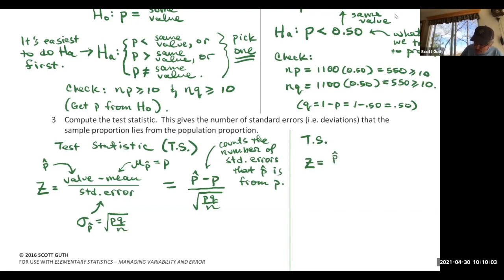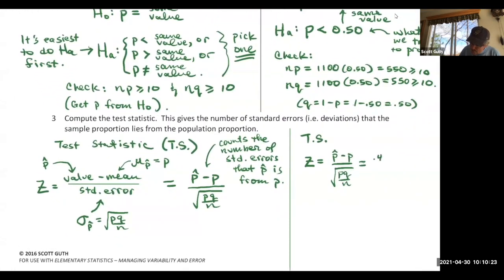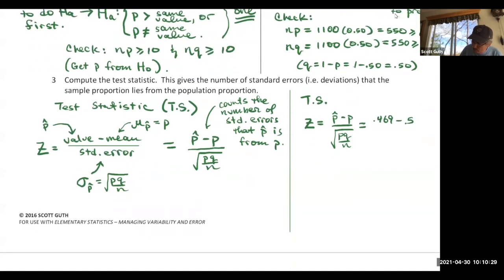So again, P hat minus P over the square root of PQ over N. So the P hat, I don't remember, 0.469. And then for P, we're using 0.5, 50%. If you want to put 0.50, be my guest. And PQ is 50-50, 0.5 times 0.5 over N, which was 1100, I think.